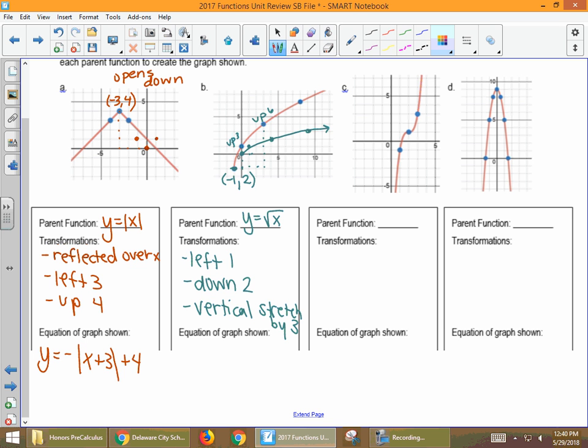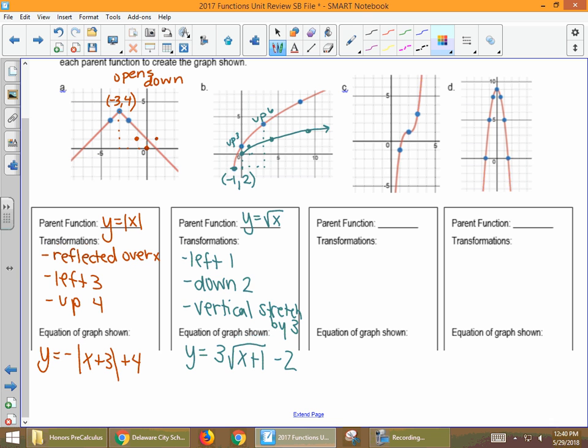To put that in an equation, vertical stretch goes on the outside, so the 3 is going to go on the outside. Under the radical, we deal with the left, so x plus 1 gets the left 1. And then down 2, the -2 is going to be on the outside of the square root.